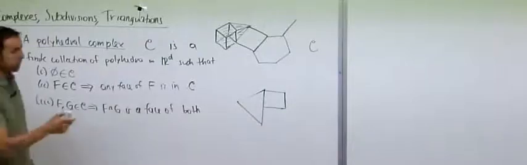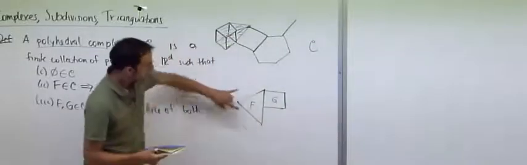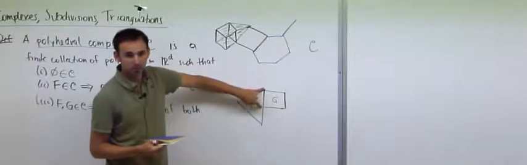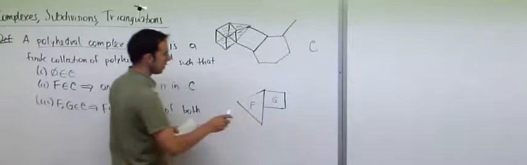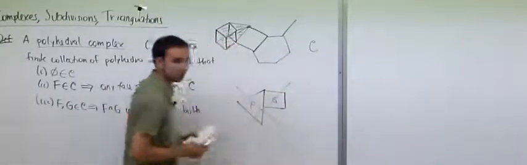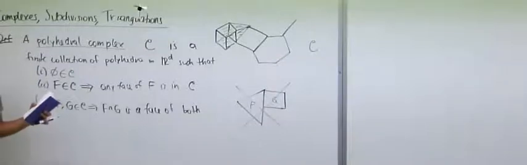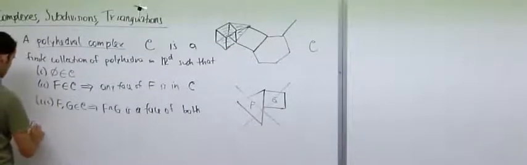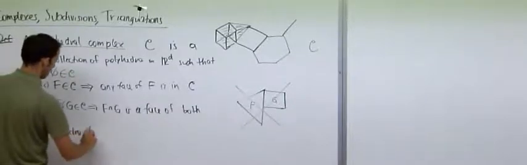And the reason is that when you intersect F and G, then you're going to get this piece over here, which is a face of G, but it's not a face of F. Okay? So we're not satisfying this property. So this is the kind of thing that I'm forbidding. Okay? So in other words, what I'm doing is I'm taking a bunch of polyhedra and gluing them face to face. That's what you want to think of.